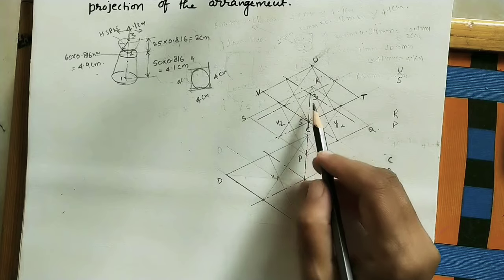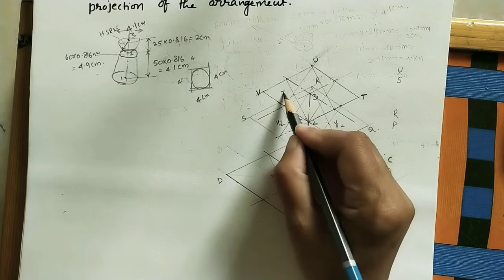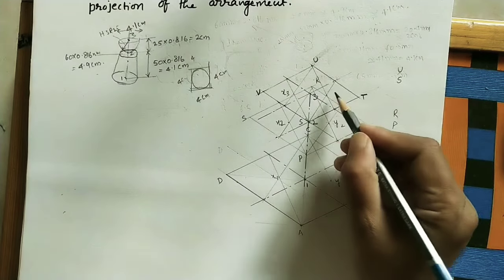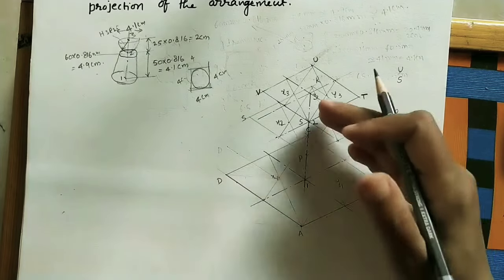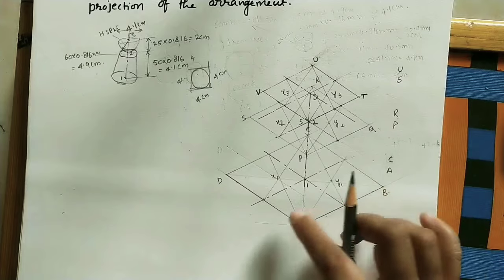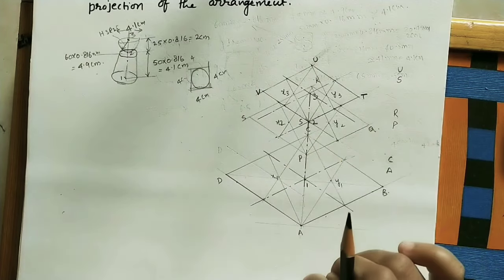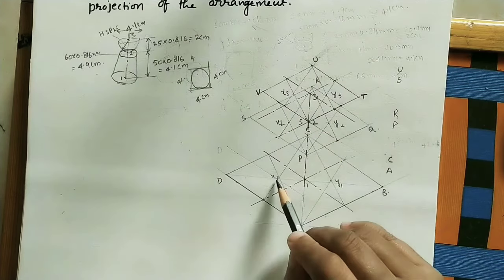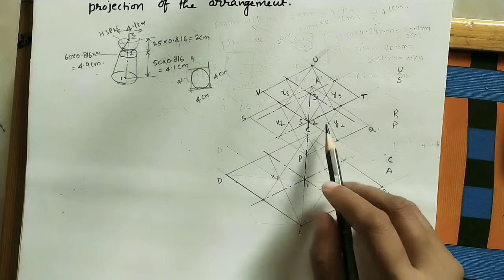I am giving for the 3 center X3, Y3. In all the 3 boxes, we have followed the same process. We have joined opposite ends to one of the corner. We are taking intersection points. So here also, here also.